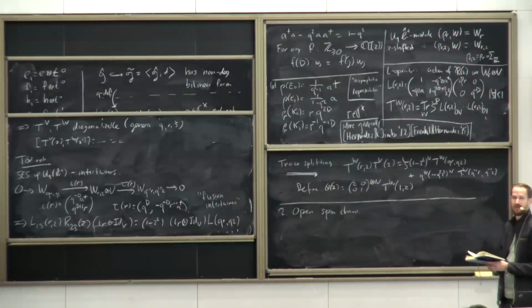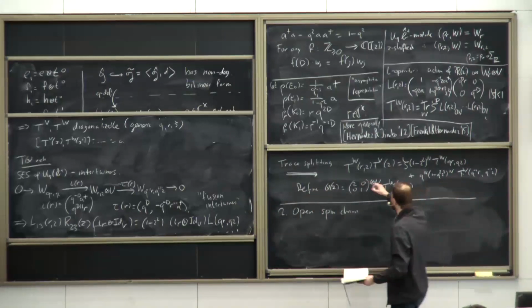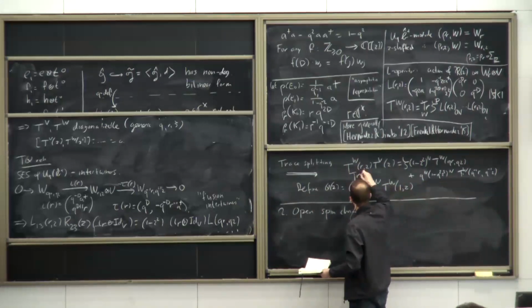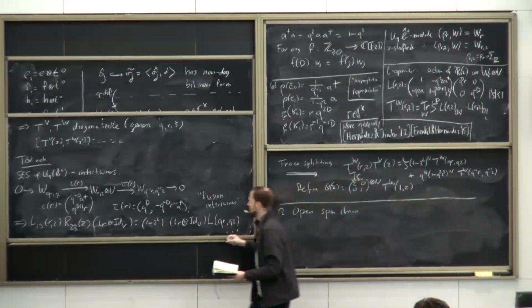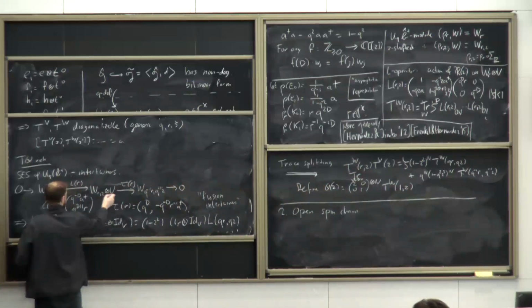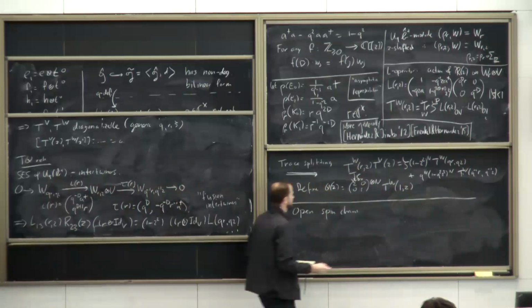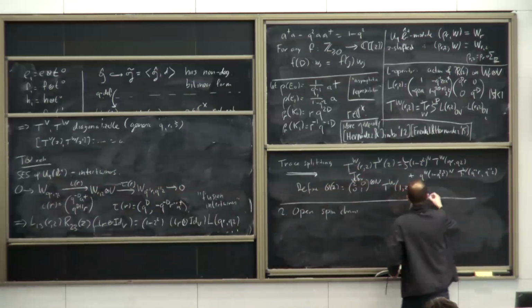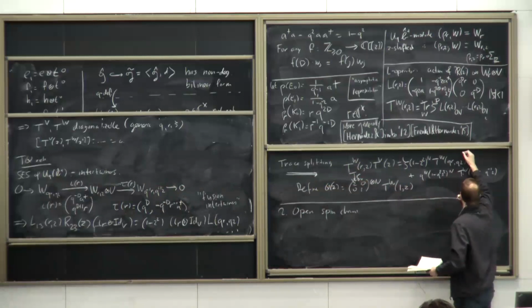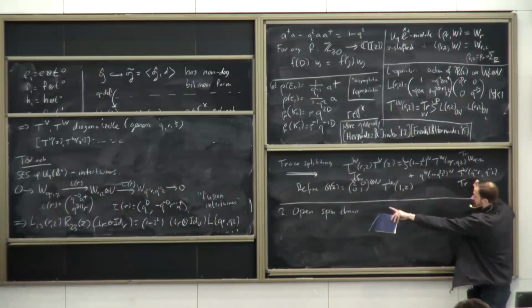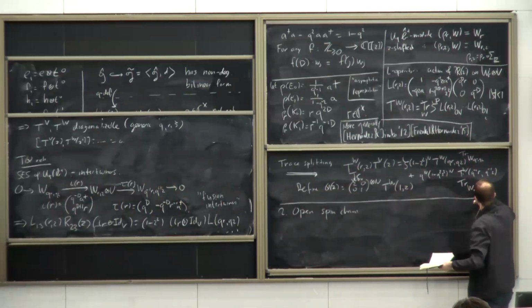Yeah, because here, this is the trace over W tensor V of essentially this vector space. And because of the short exact sequence, I get here a trace over W Q R Q Z, and here a trace over the other side, W Q inverse R Q inverse Z.